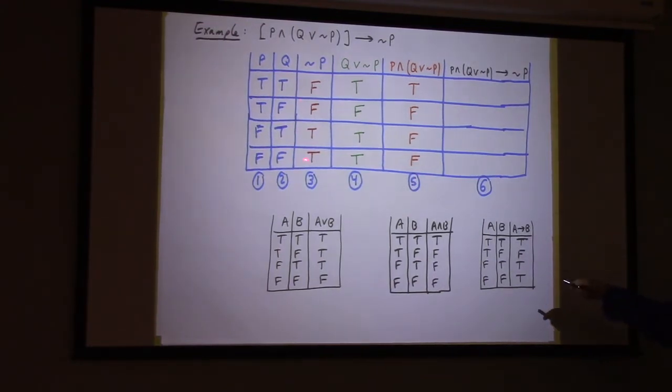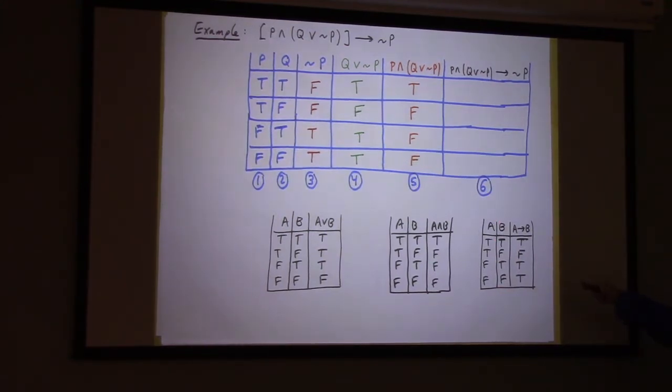And not P, which is 3, is the consequent. Think about this. We have to think of this playing the role of this A right here, and not P playing the role of the consequent, which would be like B right here. So let's think of it this way.